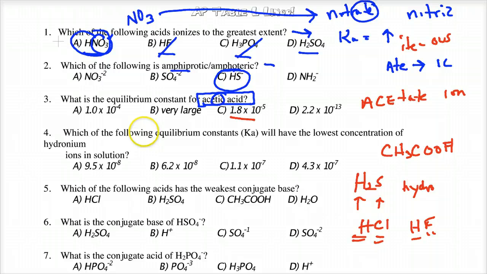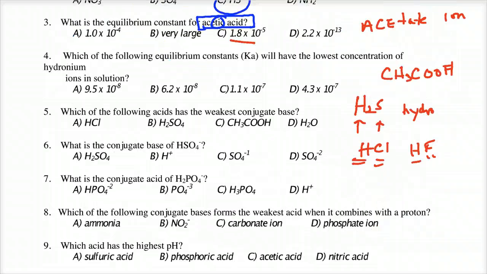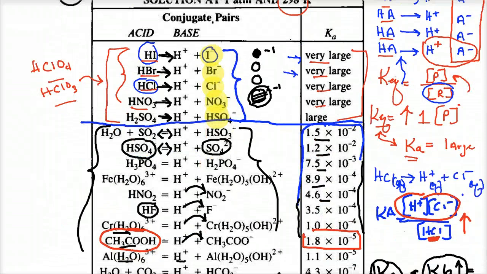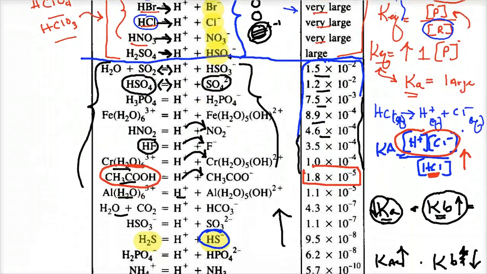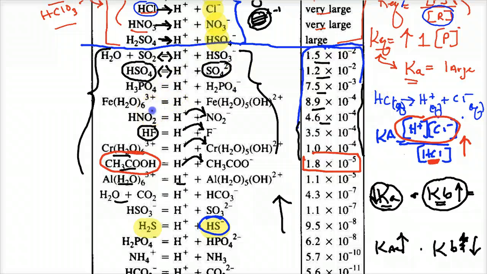So if I can find an ite ion here, I'm trying to find an acid, which I don't see here. So if I go to table L here, let's go find one. Oh, here we go. This is HNO2. NO2 negative from the table is the nitrite ion.